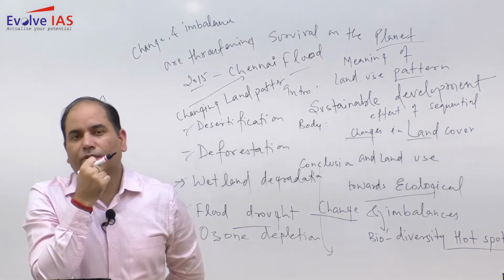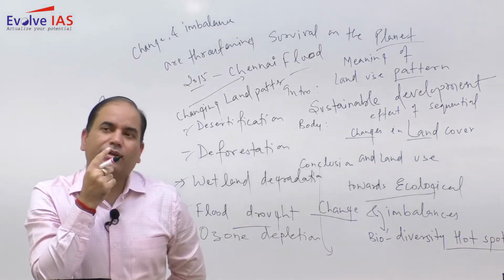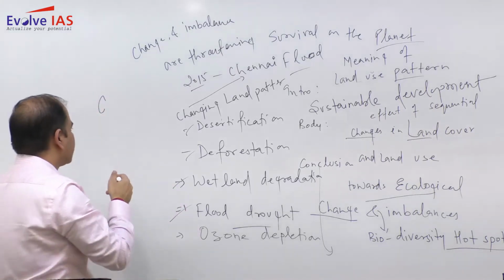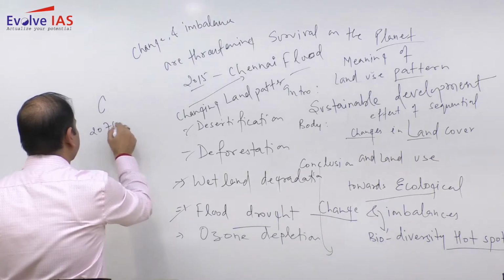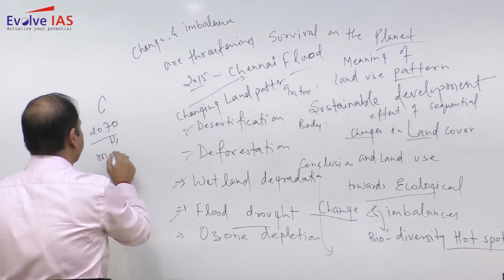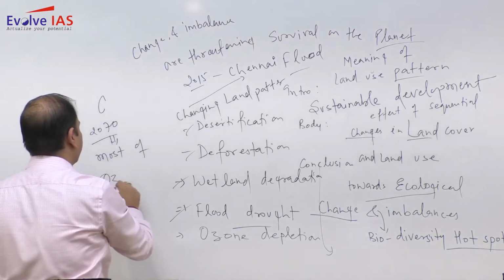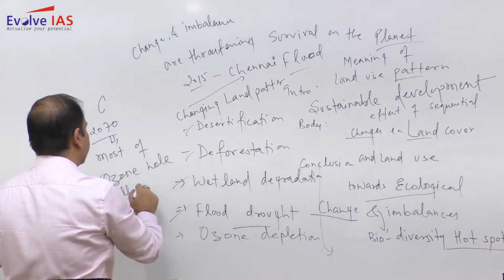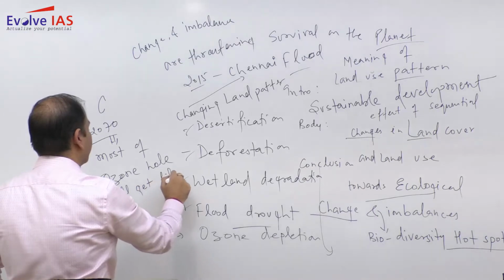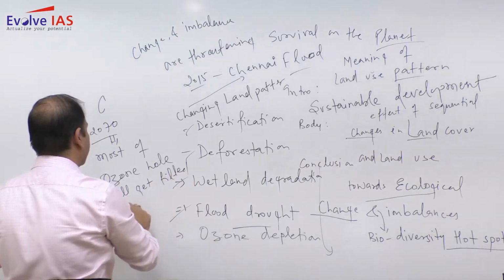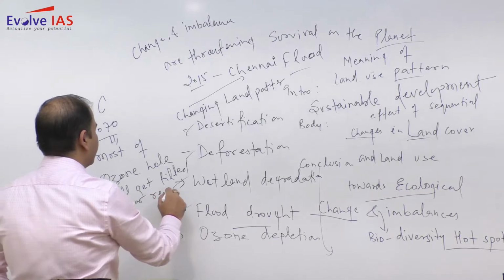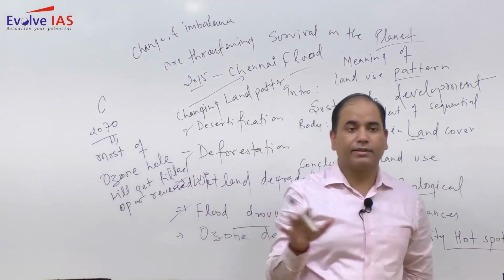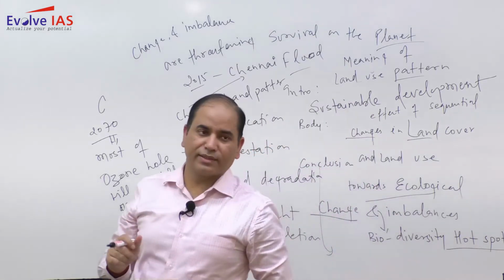The Montreal Protocol has helped in almost reversing most of the ozone hole, and it is expected that by 2070 most of the ozone hole will be filled up or reversed. So again there will be a thick layer of ozone in the stratosphere.